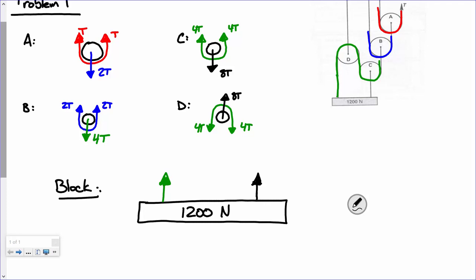So on the left, what's the tension over here? 4T. What about on the right? What is it? There we go. So if equilibrium tells me that everything going up has to equal everything going down, what's T?